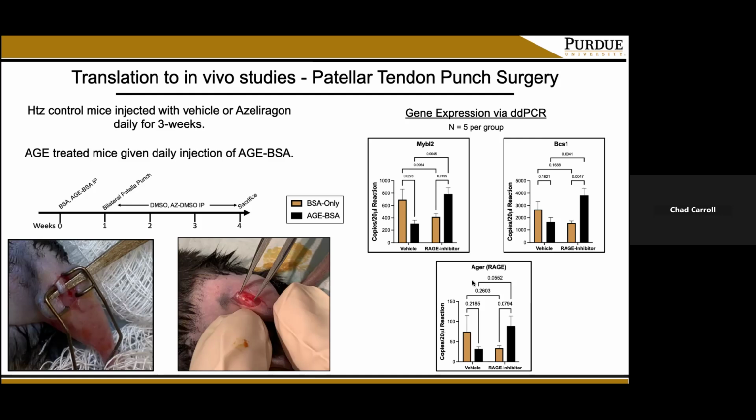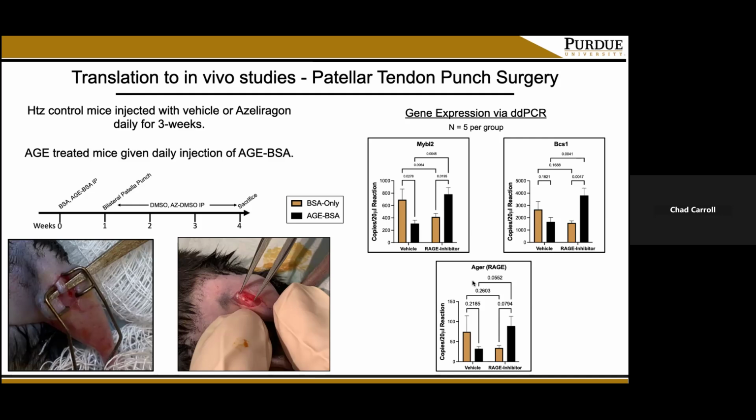And referencing back to the MYBL2, that was that one gene that was suppressed a lot in our cell culture model. And we see the same thing here when we give the mice AGEs, it suppresses MYBL2. And when we give them the RAGE inhibitor in the presence of AGEs, it rescues that response.